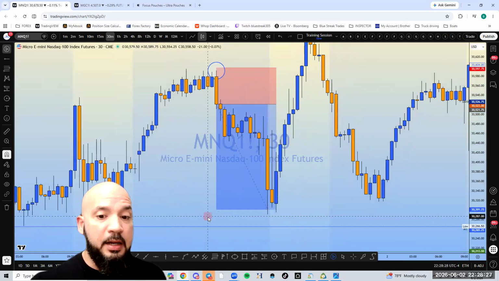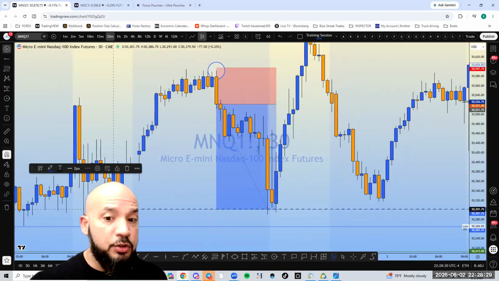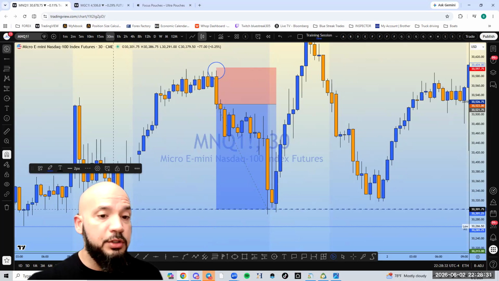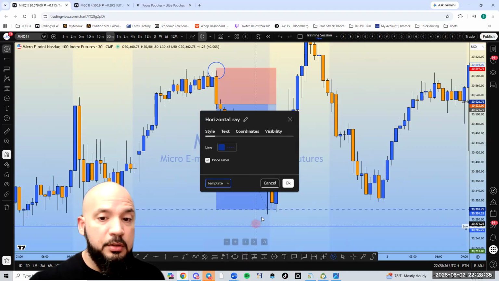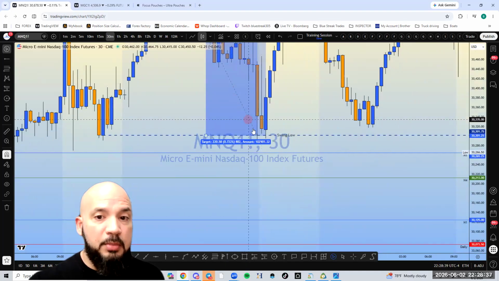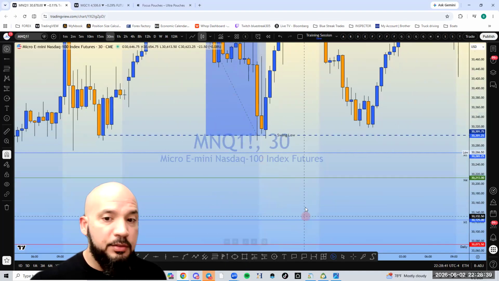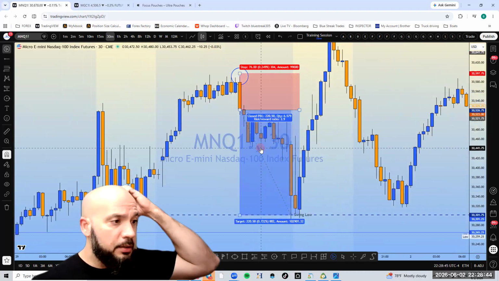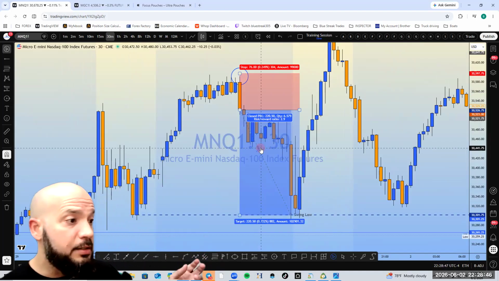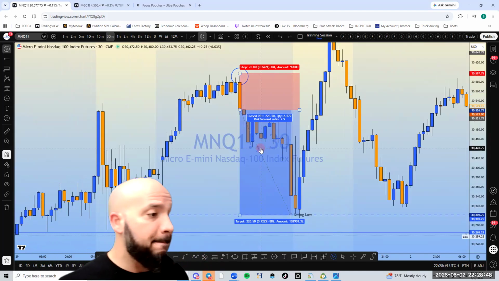This is why I always stress to you guys, trade structure to structure. You don't need to be worried about if it's going to keep going. Forget about all of this. You just did a 1 to 3 right here. All of my trades are always 1 to 3. All of them.